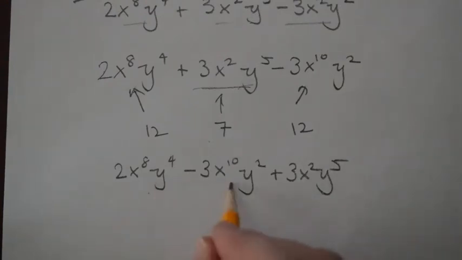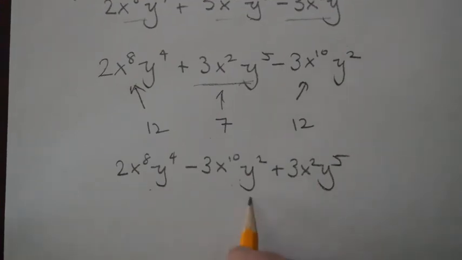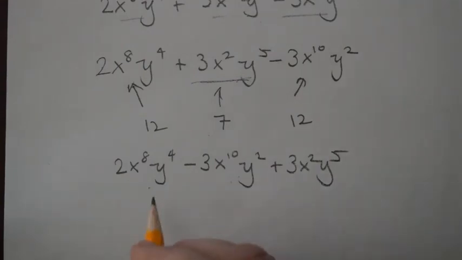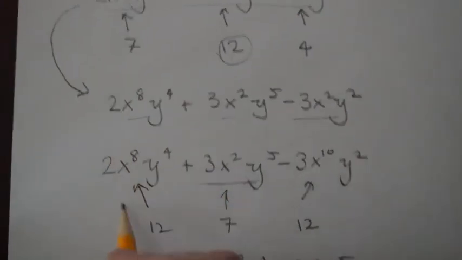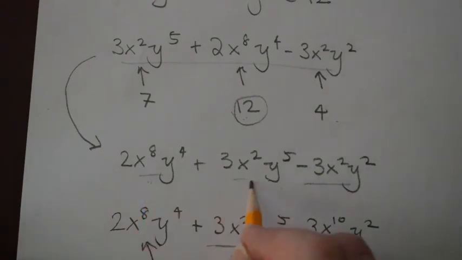In terms of which one of these comes first, I honestly have no idea what the answer is. I looked in many places and couldn't find that. Again, it's so unlikely that we will see something like that, but just in case you thought of that question and you wondered what we would do, I would definitely group them together and any lower ones later. But in terms of which one should go first, I don't know. If we were to ask about the leading coefficient, again, in this case, up here, where we had a 7, 12, and a 4, we rearranged them so that the 12 came first, then the 7, and then the 4.